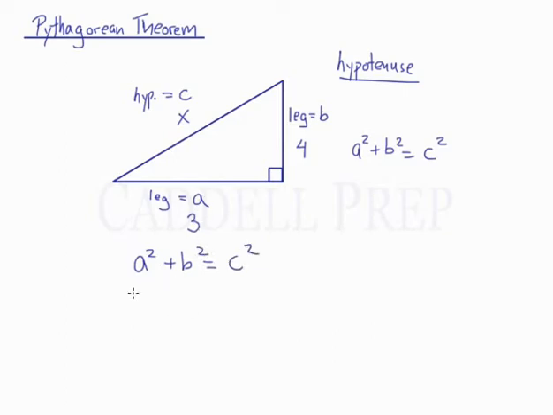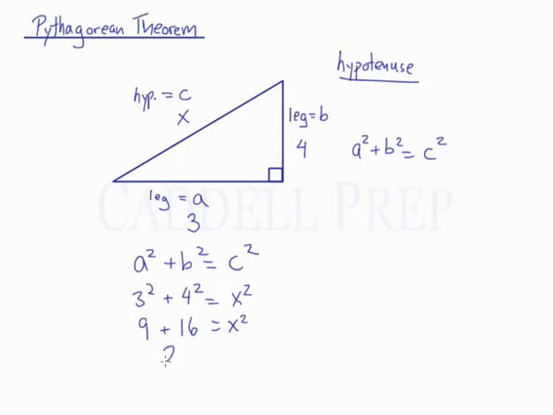So a is 3, so we have 3 squared plus the other leg, 4 squared, equals the hypotenuse squared, which is x, so x squared. 3 squared is 9, plus 4 squared, 16, equals x squared.